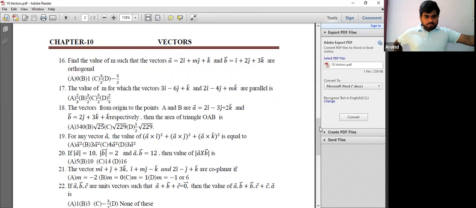For any vector A, the value of A cross I cap, the whole square, plus A cross J, the whole square, plus A cross K, the whole square is equal to what? Write this out.